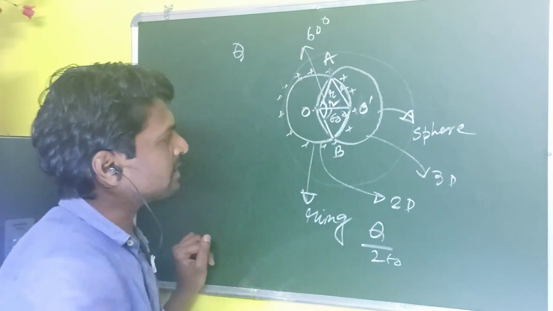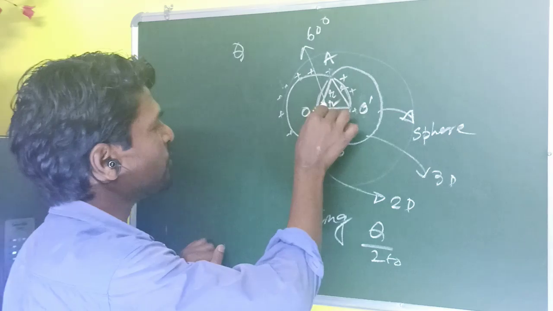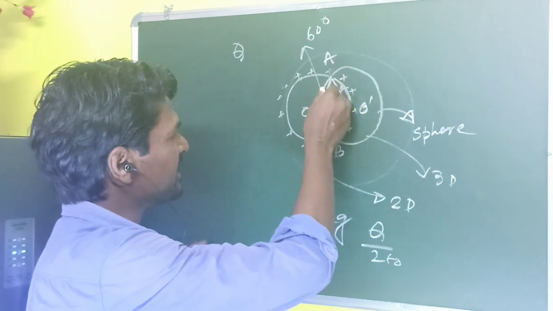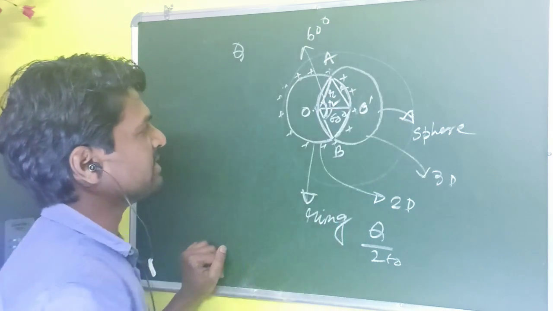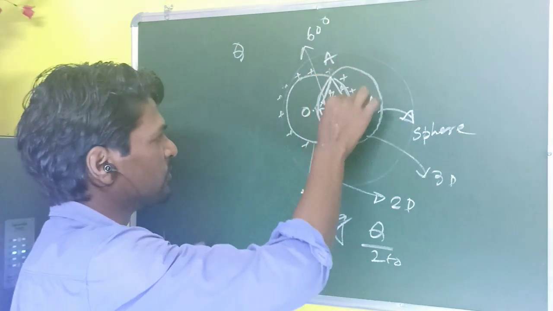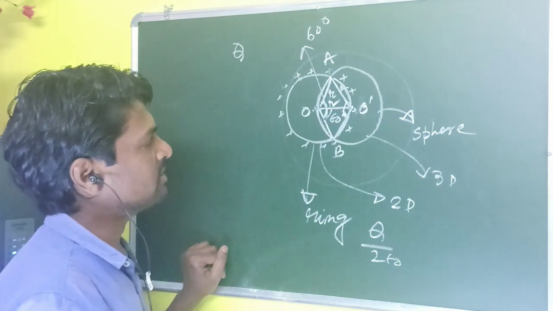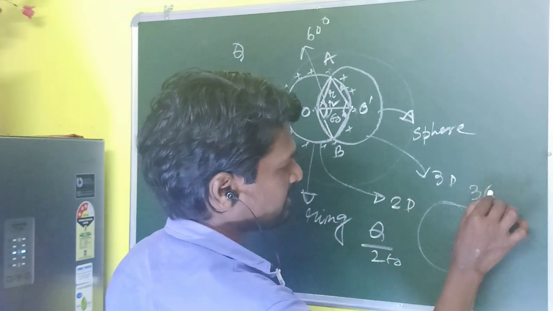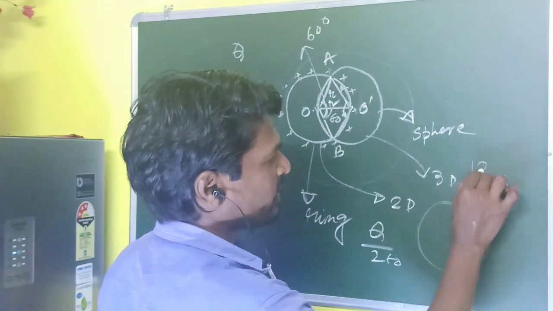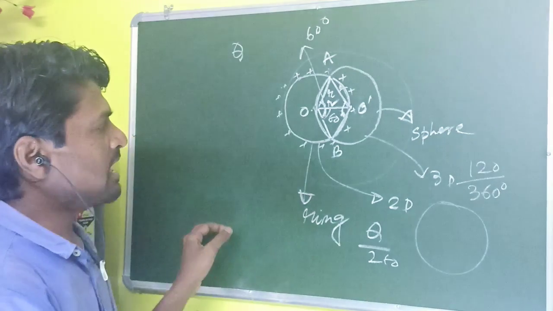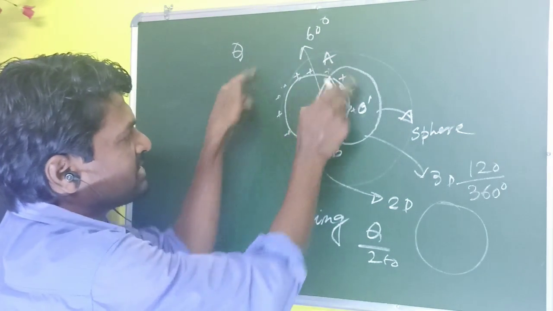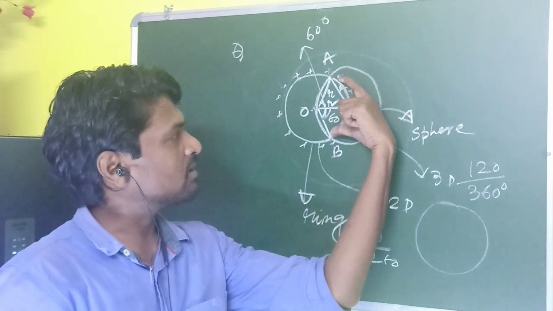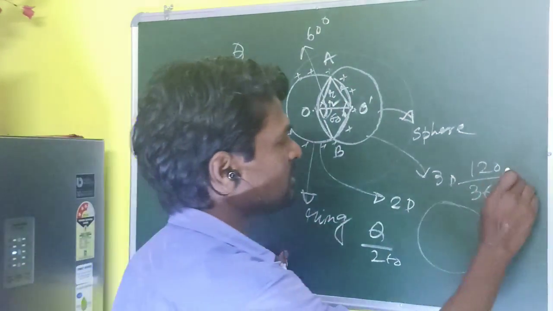So the angle subtended by that particular arc is 120 degree. This is also 120 degree, and this is also 120 degree. So the total is 360 degree, and 120 degree out of 360 degree of the ring is within the sphere, that is 1 by 3.